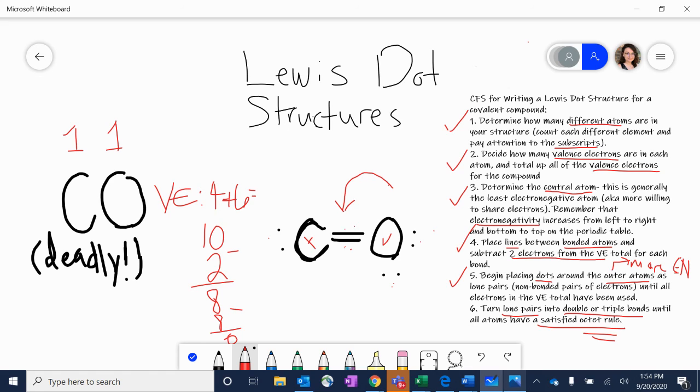So a total of 6. It's still not happy. So let's make oxygen give up another lone pair. All right, and recount one more time to see if we're good. Oxygen has 2, 4, 6, 8. Carbon has 2, 4, 6, 8. It is happy.